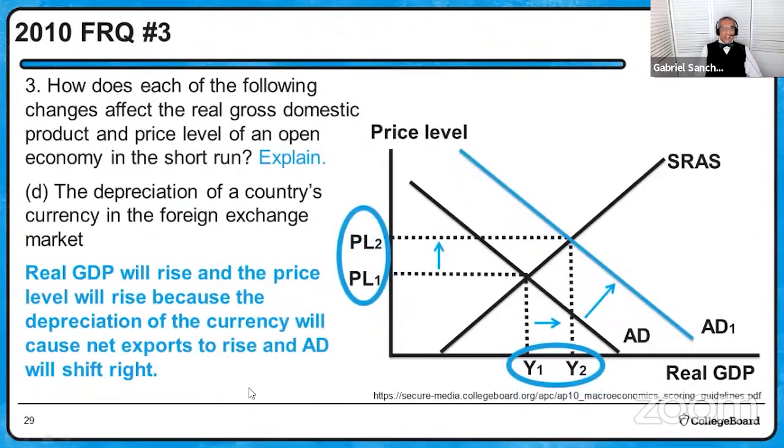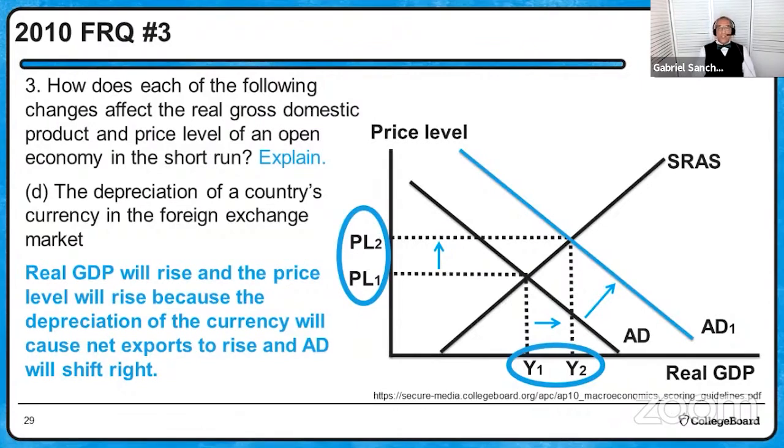GDP will rise and the price level will rise because the depreciation of the currency will cause net exports to rise and aggregate demand will shift to the right. Net exports is a determinant of aggregate demand. When the country's currency depreciates, that means other countries' currencies will appreciate.